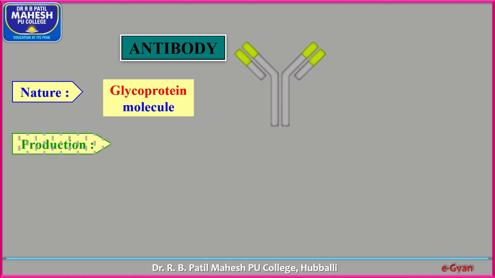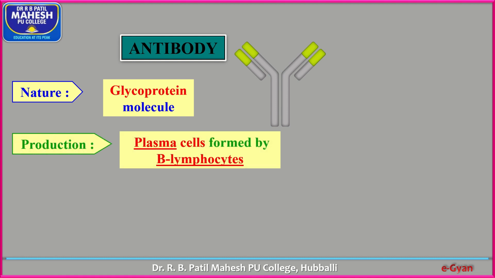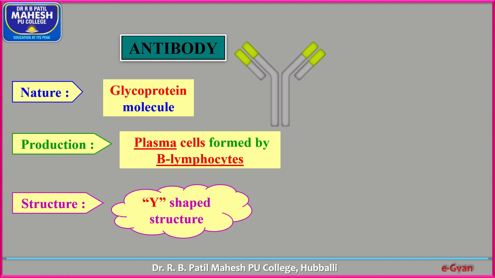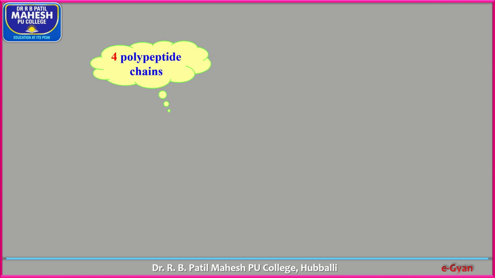And you remember, antibody is a glycoprotein produced by plasma cells formed by B lymphocytes. And typical antibodies have a Y-shaped structure. And these antibodies are produced against the entry of antigens.